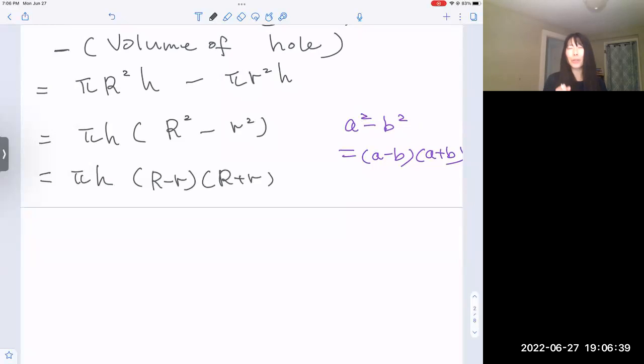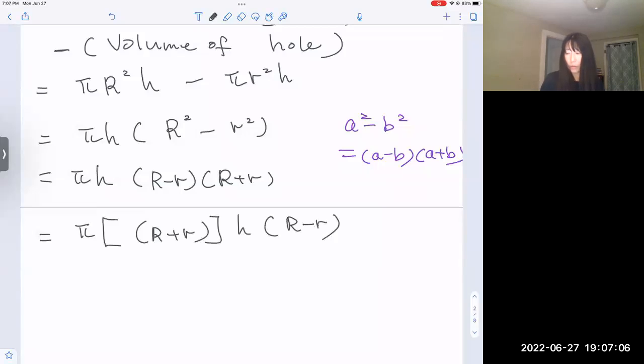Then I want to use a technique, multiply by 1. What kind of multiply by 1 do I want to use? Before I do that, I want to arrange the order: h and R minus r, right?